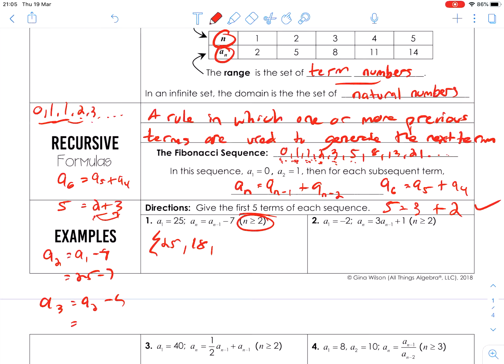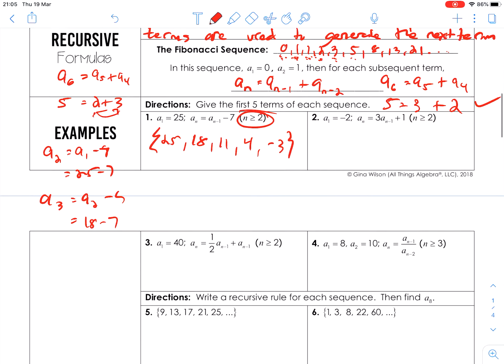Do we know a sub 2? We do, it's 18. So 18 minus 7 is 11. And so on. We don't even need to do this; we see the pattern. We get 4, negative 3, and there are our 5 terms.